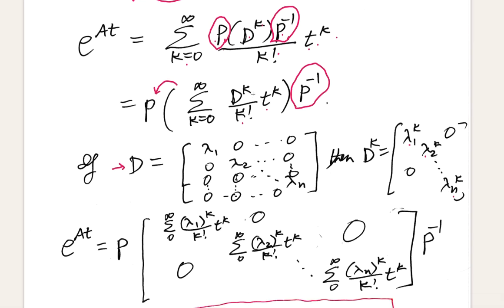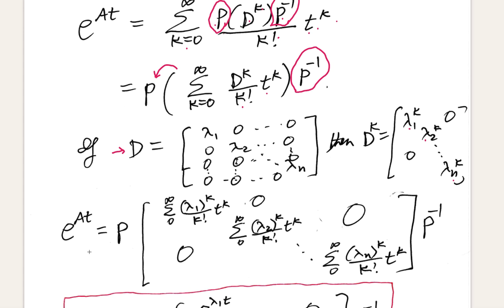So if I imagine that happening in a summation, then e to the At would be P times what would happen if I sum all those up.